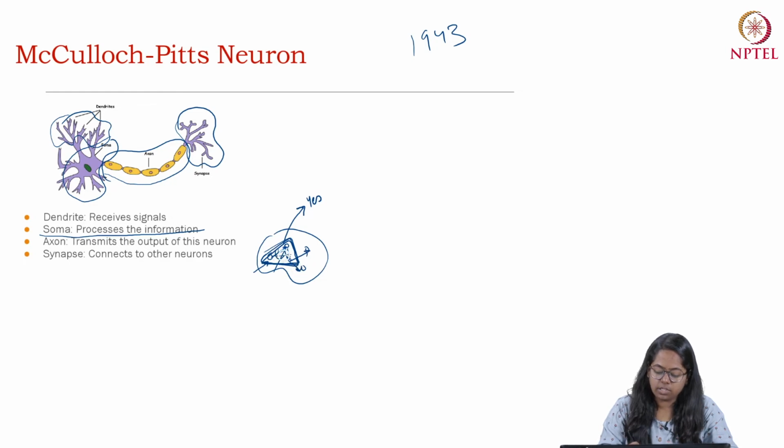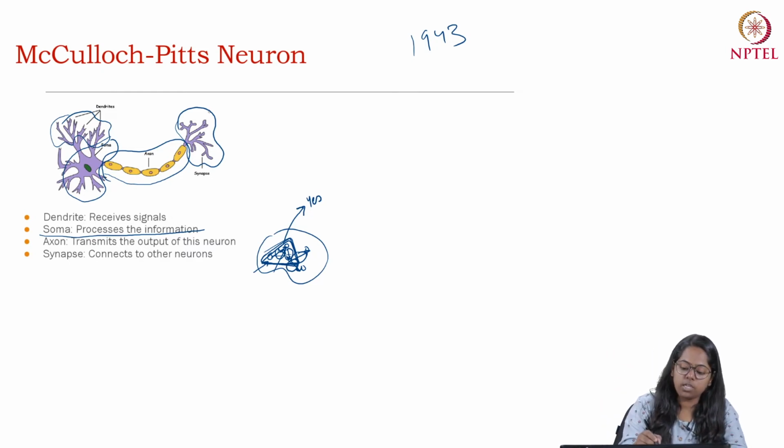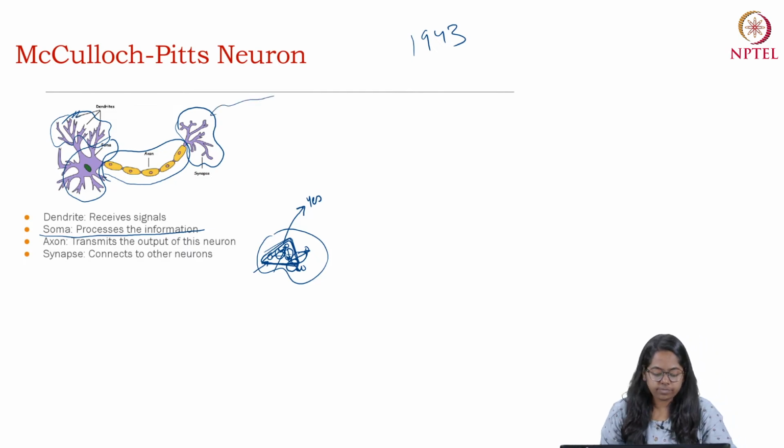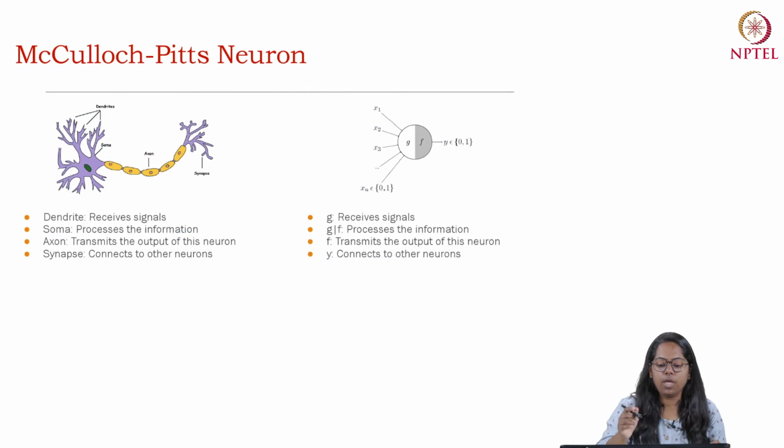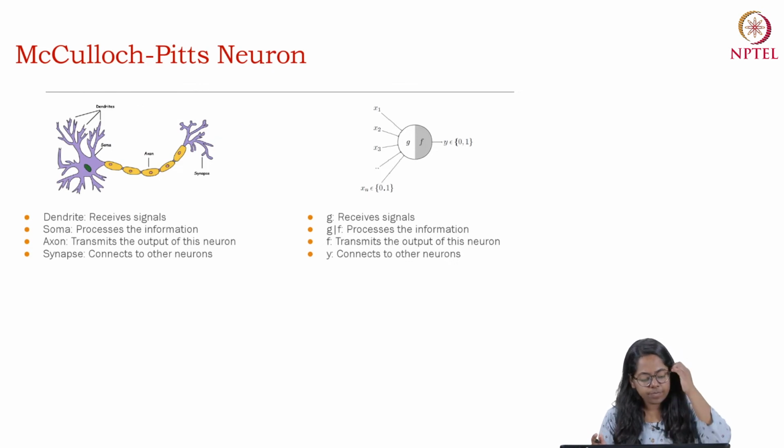This connection happens via the synapses and the dendrites. These synapses would be connected to the dendrites of the further neurons, right? Now, congruent to these four aspects of the biological neuron, McCulloch and Pitts came up with a mathematical model of a neuron mimicking these four attributes in their model.